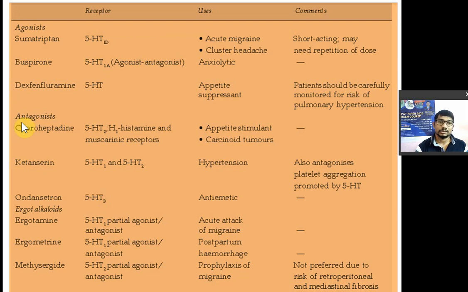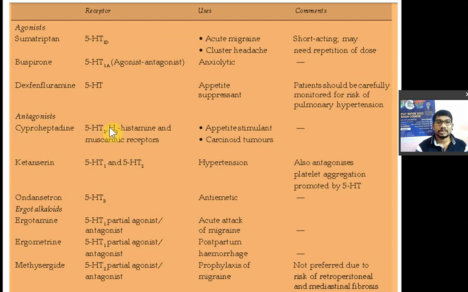Now the antagonists of the serotonin receptor. The first is cyproheptadine. Cyproheptadine is an antagonist to the 5-hydroxytryptamine 2 receptor as well as the histamine 1 receptor. That means it is antihistaminic as well as anti-5HT, and also a muscarinic blocker.